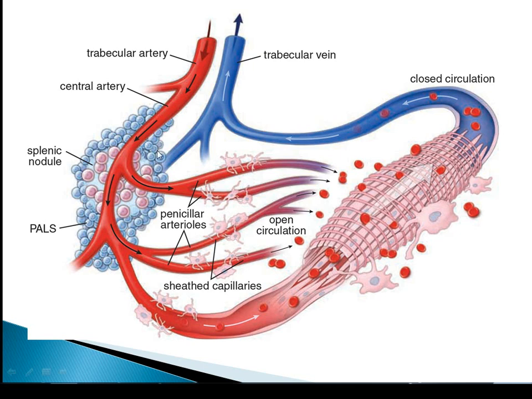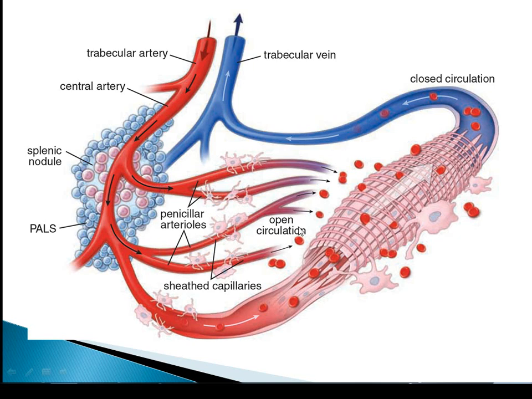Then it forms radial branches that enter the lymphoid nodules, and then they terminate at the marginal sinuses. But the artery itself branches and enters the red pulp, and it branches into the penicillar arterioles.